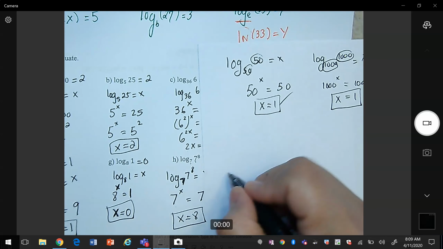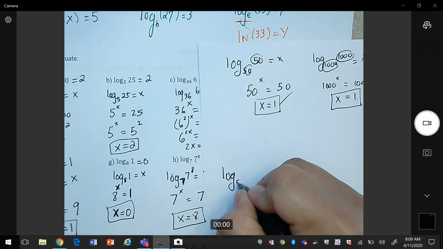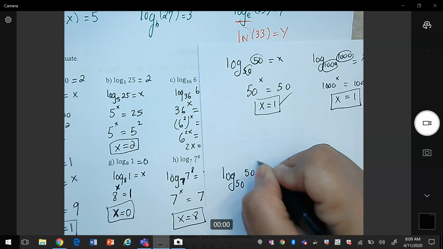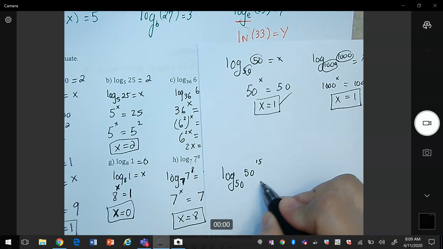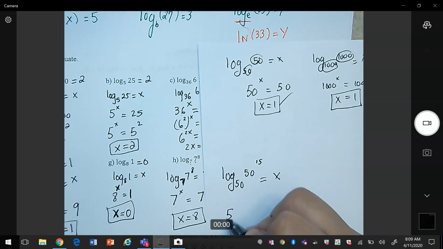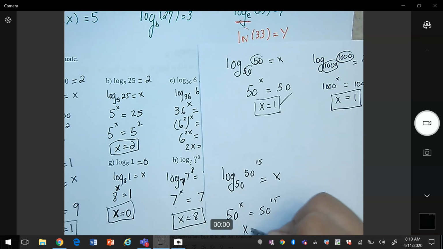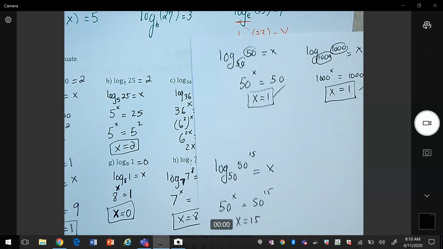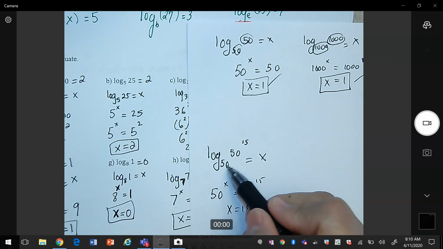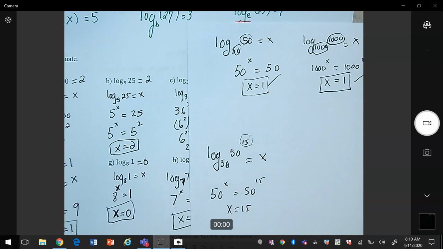So if we had something like log base 50 of 50 to the 15, then this is just going to be 15. Okay. So notice that the 50s are the same, so your answer is just going to be that exponent.